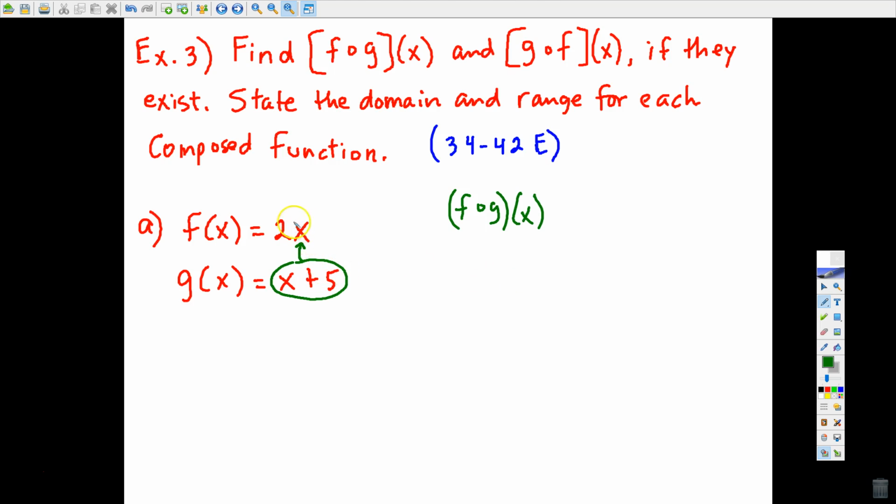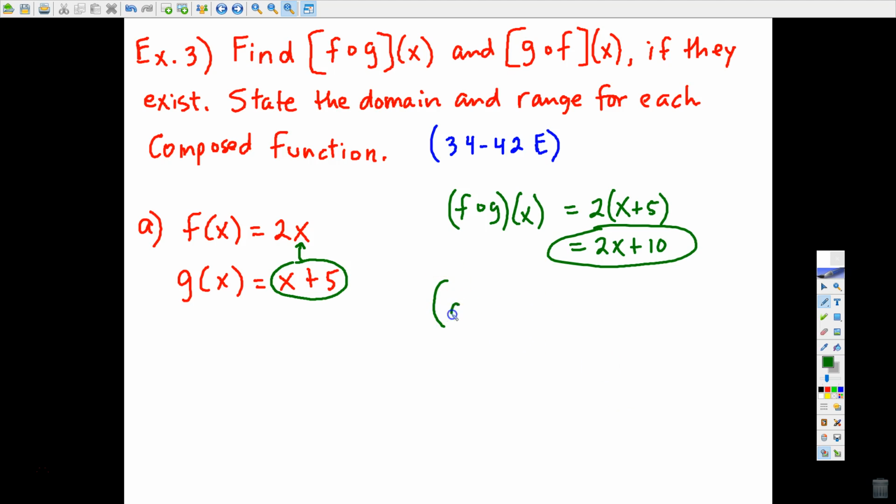Think of replacing x with x plus 5. And when you do that, you're going to do 2 times x plus 5. And when you simplify, you get 2x plus 10. So f of g of x is equal to 2x plus 10.